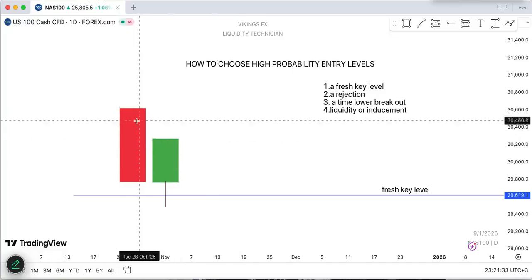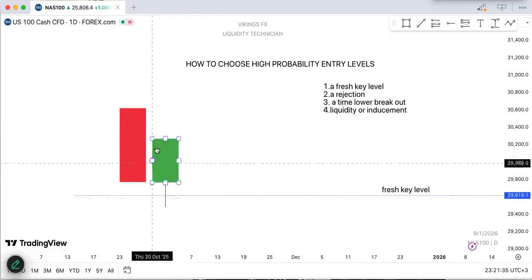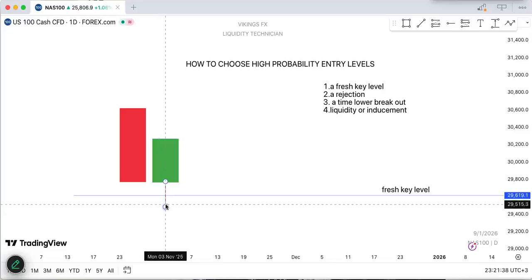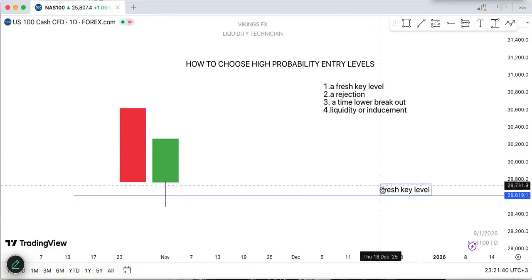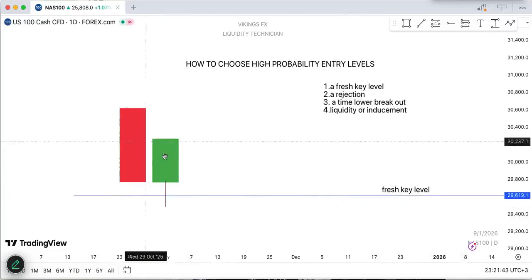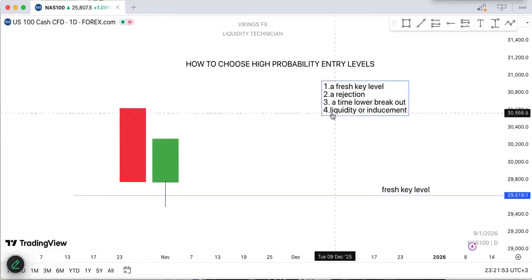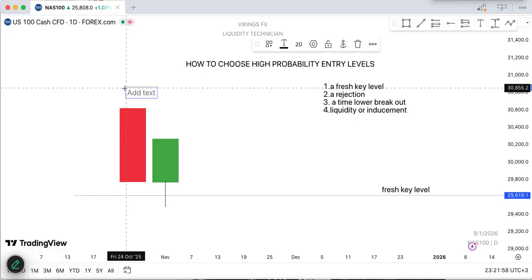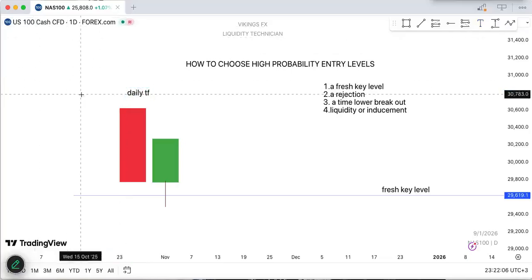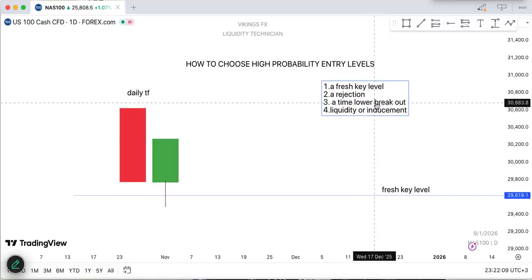Understand? So after having this key level being fresh, and then having a rejection on that very time frame, for example, this is a daily fresh key level. We have a daily candle rejecting a daily fresh key level. So that is the daily rejecting daily. Then we go a time frame lower. I'm going to consider daily here as an example. Then we shall go a time frame lower to look for a breakout.